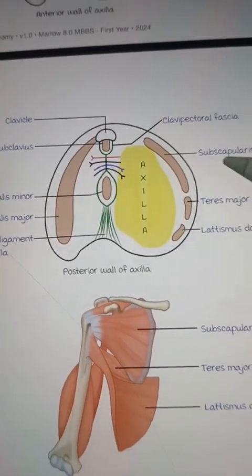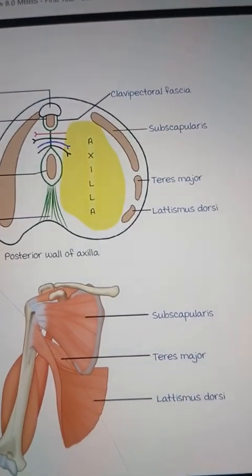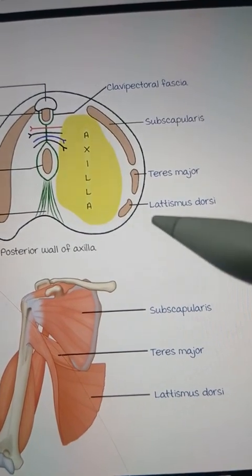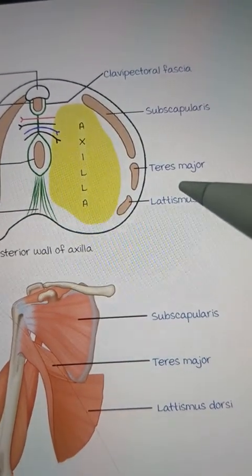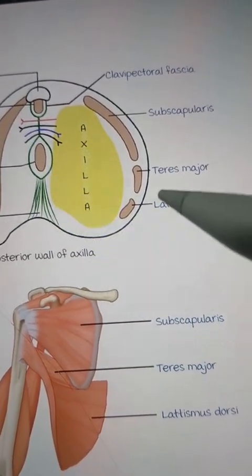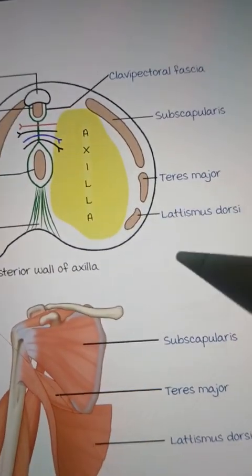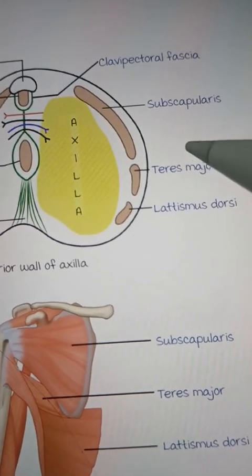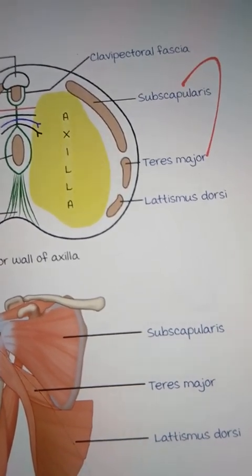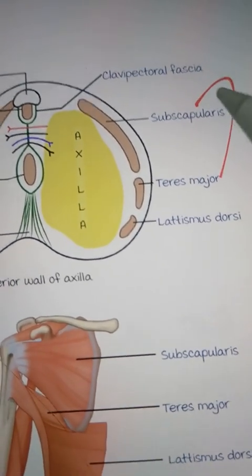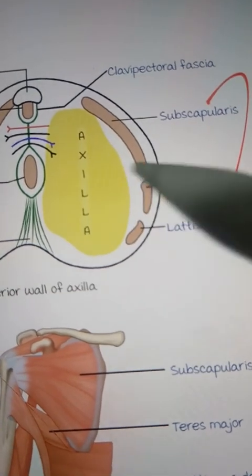In the posterior part we have the subscapularis muscle, teres major and latissimus dorsi. Sorry, not the supracondylar region of the humerus: they originate from the scapular region, at the base of the scapula we can see, and the axilla content.